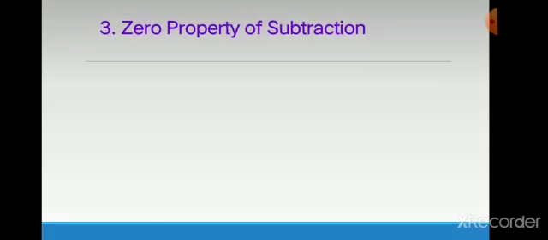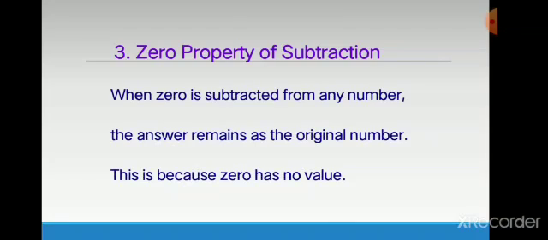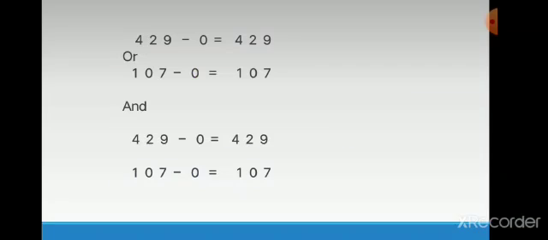The third and last property is the zero property of subtraction, which is similar to the zero property of addition. When 0 is subtracted from any number, the answer remains the original number. This is because 0 has no value. When we subtract 0 from any number, like 429, we get the same number.